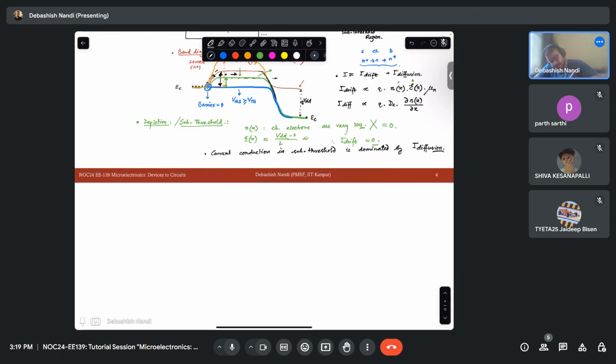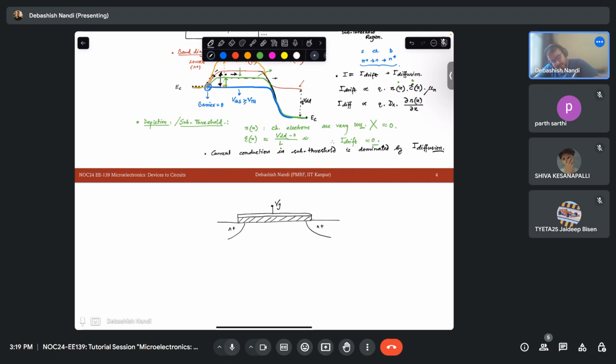Let's say this is your oxide, and these are your N plus source and N plus drain. So you are applying a certain gate voltage at this point.